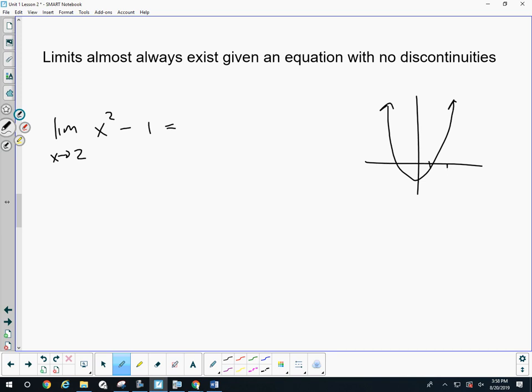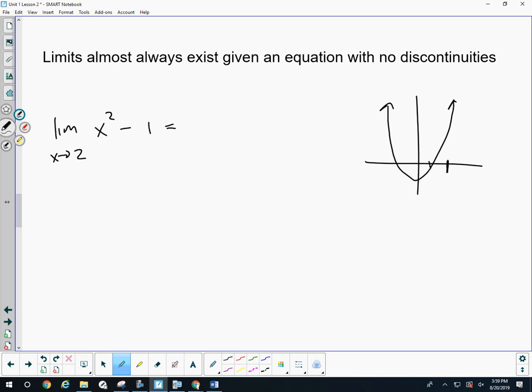You don't have to graph this and use your calculator and plug in 2.0001. Because I guarantee you, I could tell you very quickly what values those are going to be close to. Who could tell me what value it would be close to if I plugged in 1.999 or 2.001?